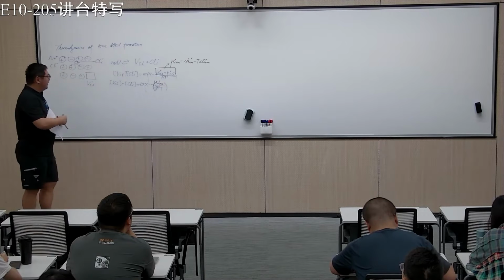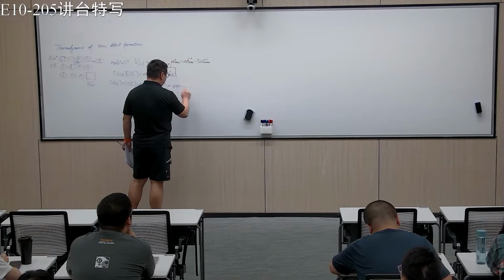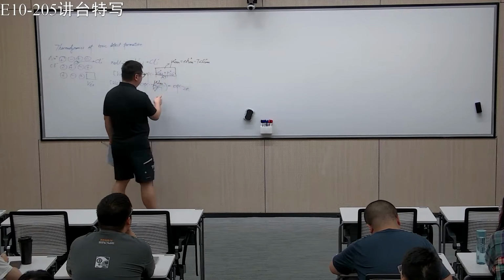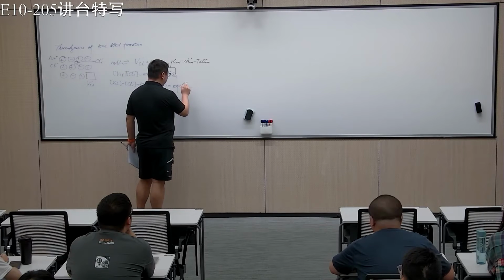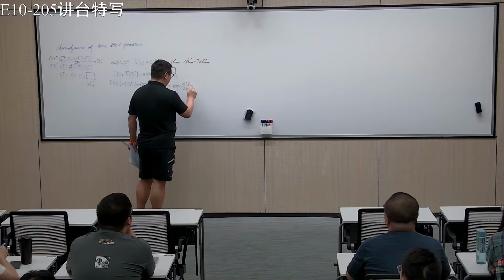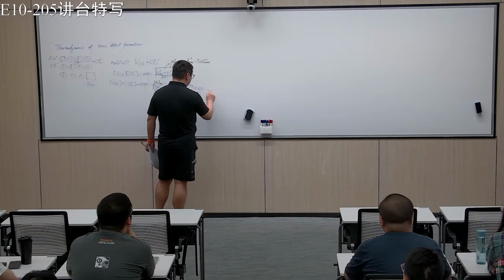Then we can further write it one more time: it's 2R, because there's T here and T here, they just cancel out, delta S, exponential. Something like this, no problem.